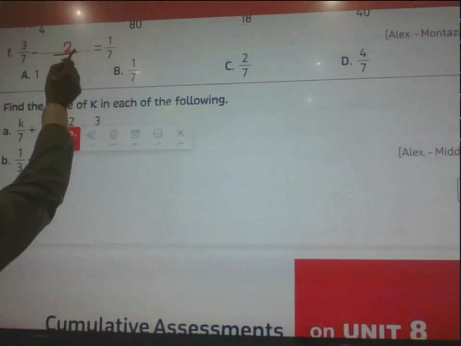Next question, k over 7 plus 3 over 14 equals 2 over 15 plus this number. Okay, we can solve this example, right? k over 7 plus 3 over 14 is equivalent to the summation of the two fractions here, it will be 5 over 14. Okay, we can write k over 7 is equivalent to what? What is the number here? 3 over 14 equals 5 over 14. We can write here k over 7 will be 2 over 14.